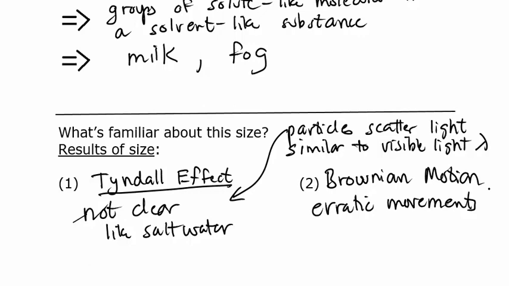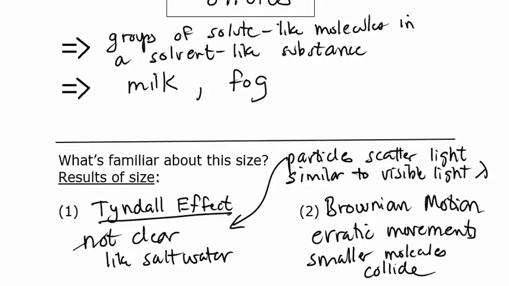You can see the globs of the milk particles, and they move around erratically because the smaller molecules are bouncing into them, but you can't see the smaller molecules. You can only see the effect they have on the colloid. So the colloid seems to be erratically moving around while smaller molecules are colliding with them, which you can't see.